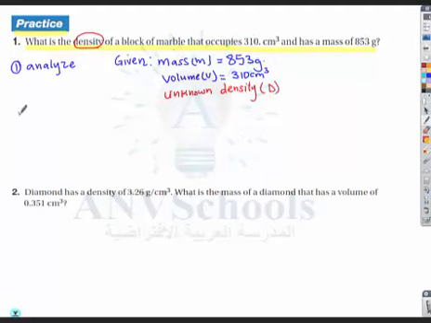Then we'll go to 2, plan. Planning, we will use our knowledge, the formula: density is equal to mass divided by volume.